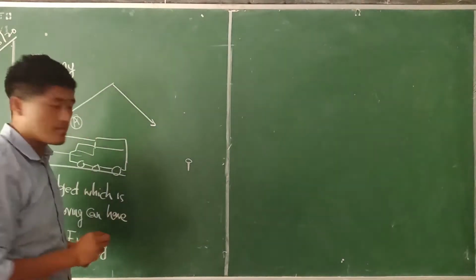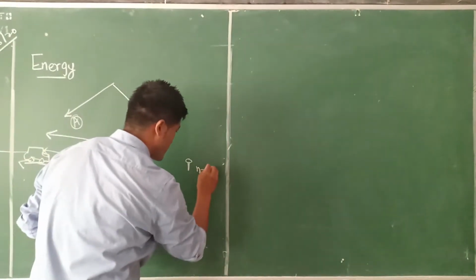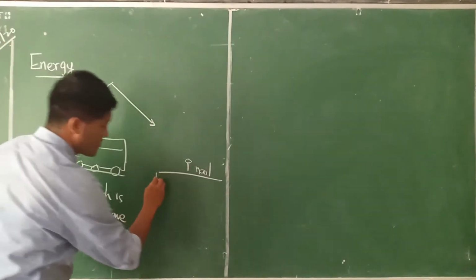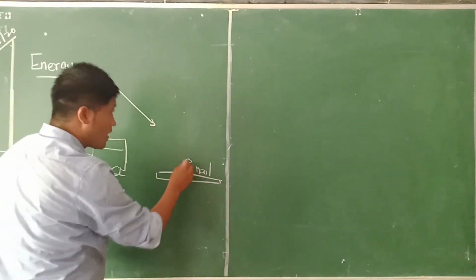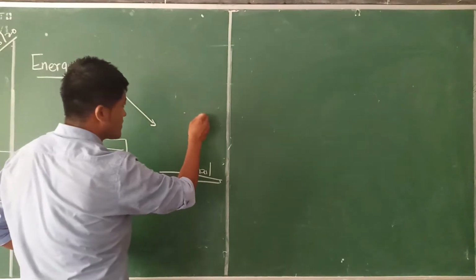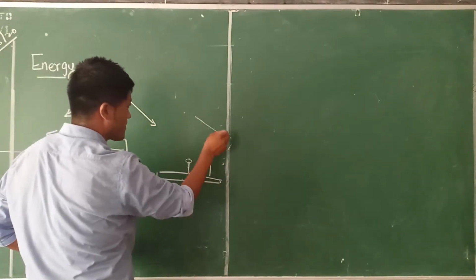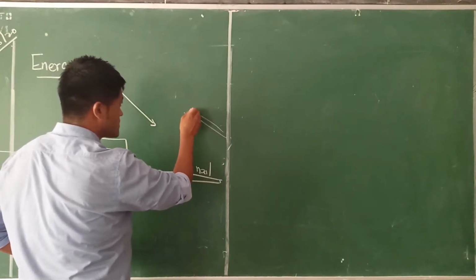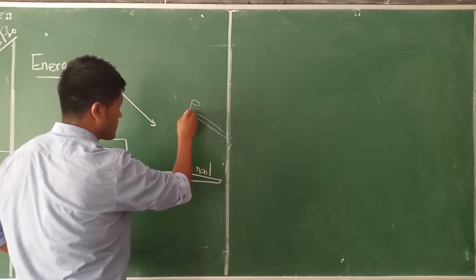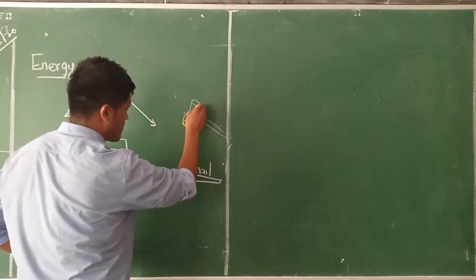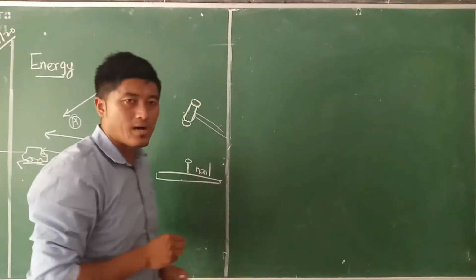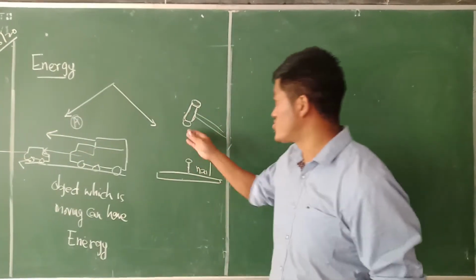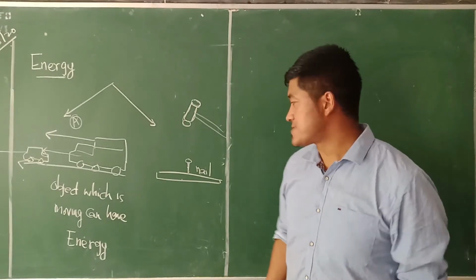this is a nail. This is a wooden plank, and on top of this there is a hammer. Let's see how. I'm really sorry about my poor drawing of the hammer here. Understand?